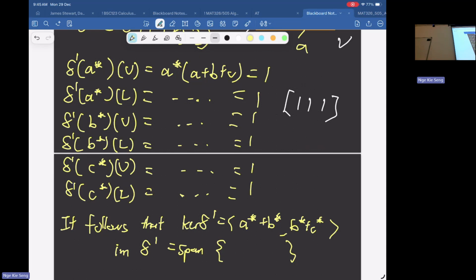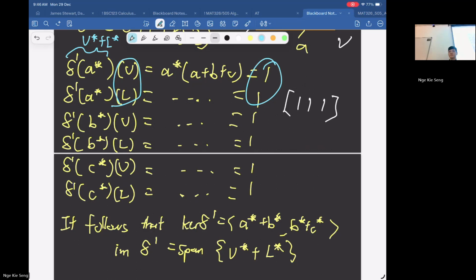So which maps operate on U and L and give 1? The U dual plus L dual. Operating on U, here you get 1, here you get 0. Operating on L, here you get 0, here you get 1. It's the same. So the map we're asking about is actually U dual plus L dual, because they get 1 on both U and L.